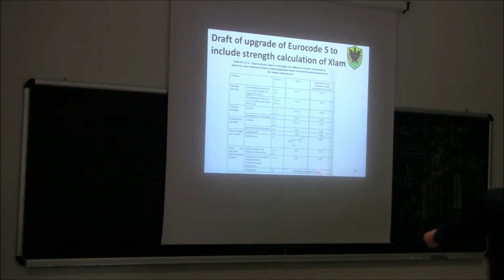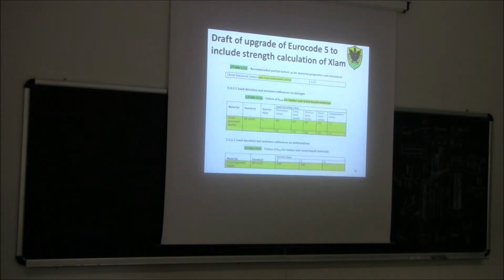What we need also, as you can see, is K-mod, the modification factor for strength and moisture property. Also, this is not in the Eurocode 5. So, also for this, we need to use this table here. In the new version of the Eurocode 5, there will be a table like this, with a new line, cross-laminated timber, service class 1 or 2: 0.6, 0.7, 0.8, 0.9, 1.1. So you have the K-mod also here.